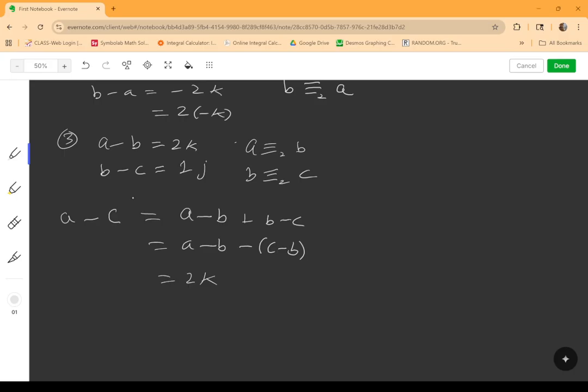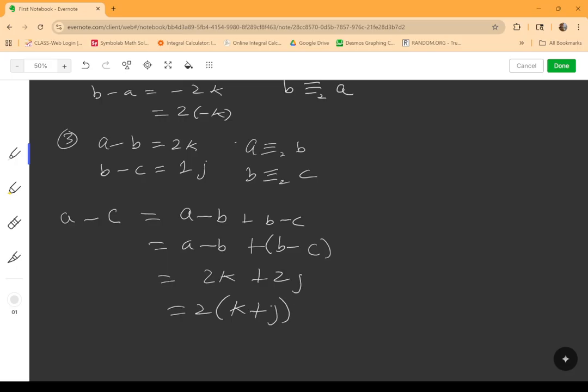A minus B is equal to 2k, and B minus C is equal to 2j. Factoring out the 2, k plus j is just an integer, so the difference is even.